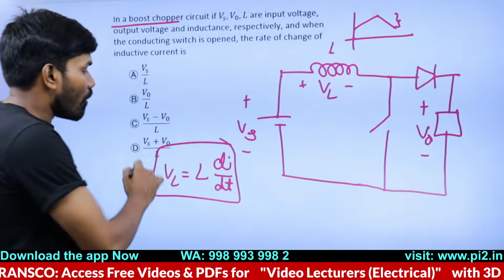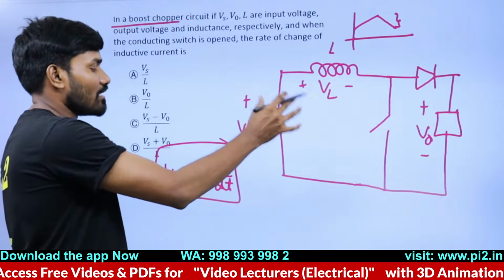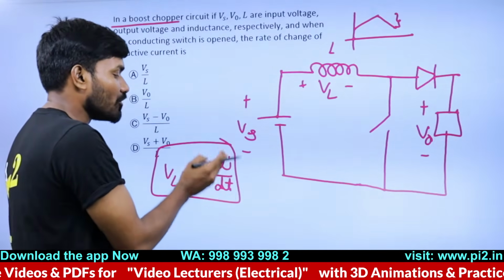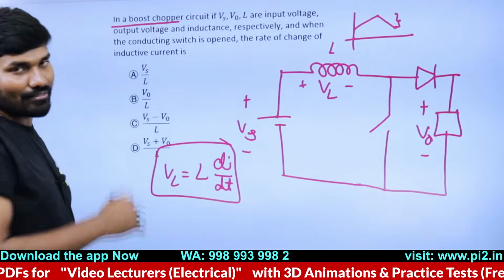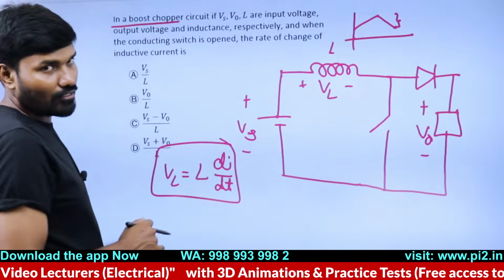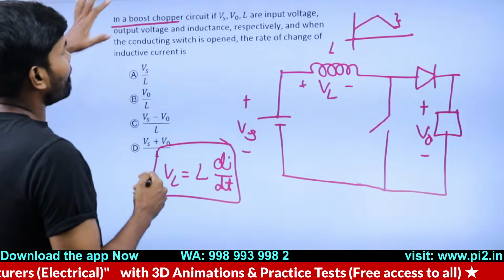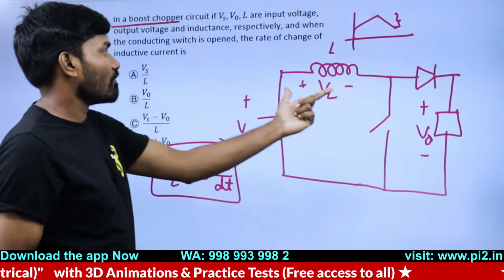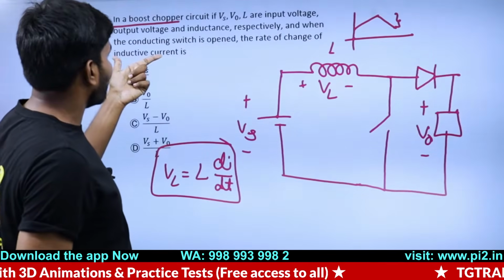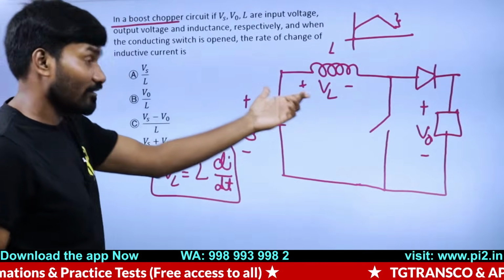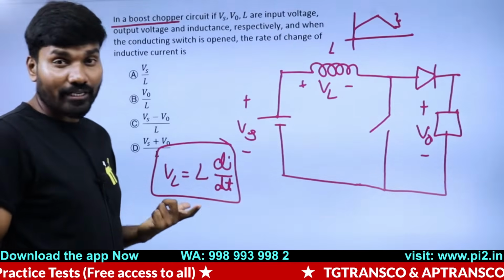Because this is the only equation where I have rate of change of current inherently. Though it is not said anywhere in the question to take VL, it is asked for rate of change of inductive current, so that is why I'm taking it.